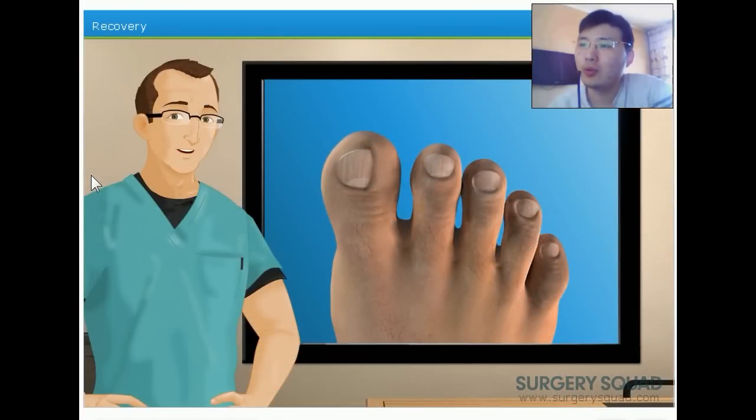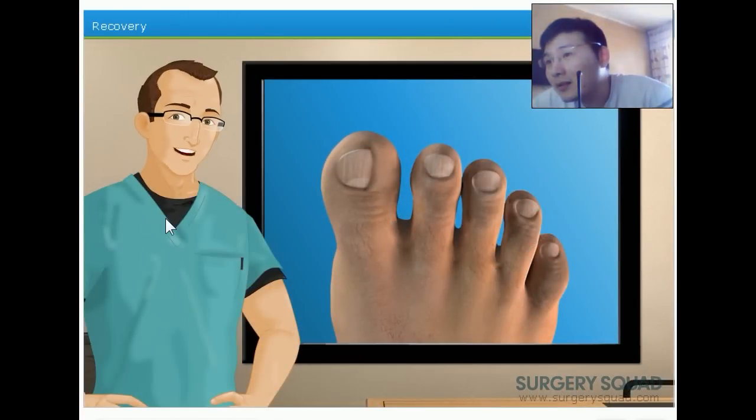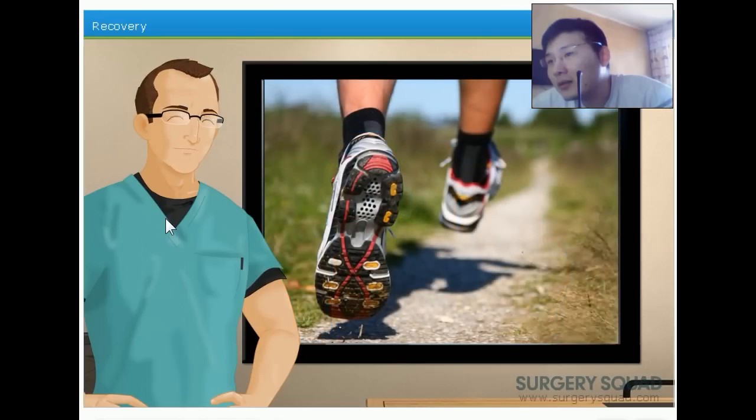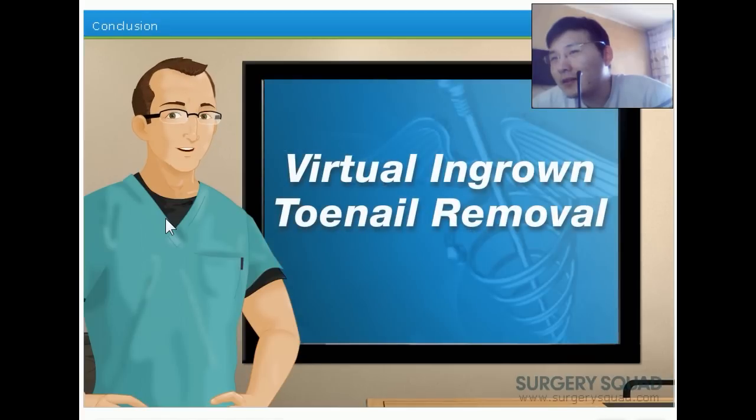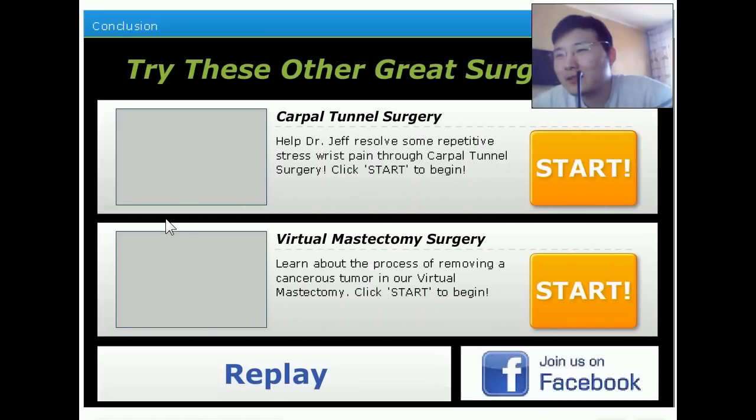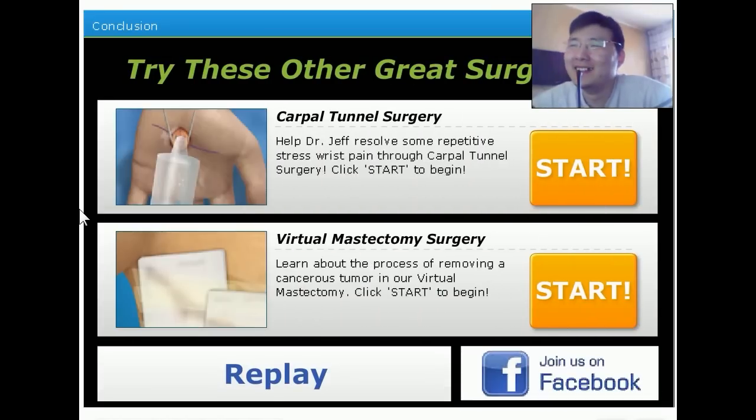While our patient's toenail isn't likely to regrow, his condition is likely to return if he doesn't take care of his feet. This includes wearing proper-fitting shoes, properly trimming his toenails, and keeping his feet clean and dry. And that's how we remove an ingrown toenail. You did a great job today. While you're here, try your hand at one of our other surgeries here at surgerysquad.com.